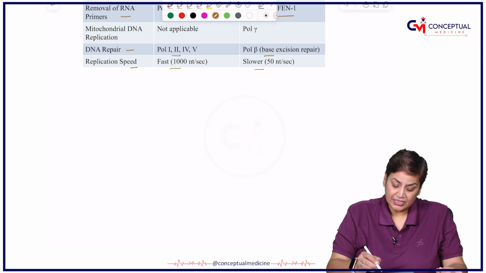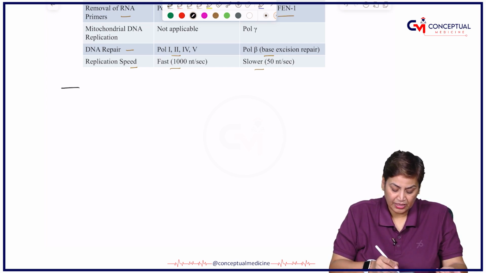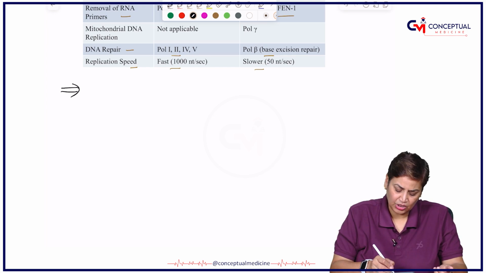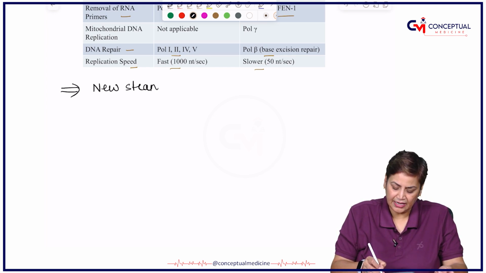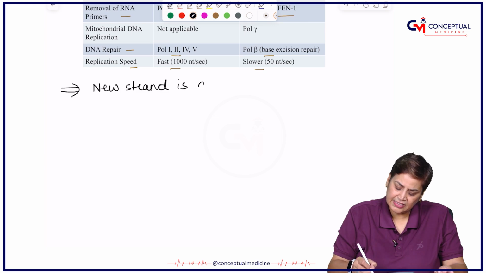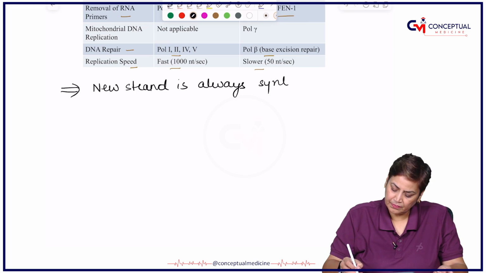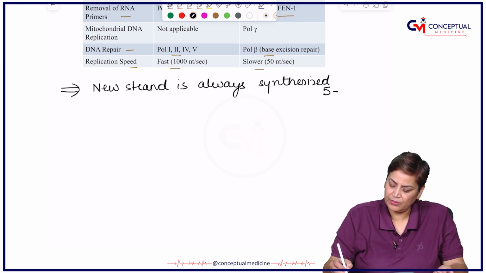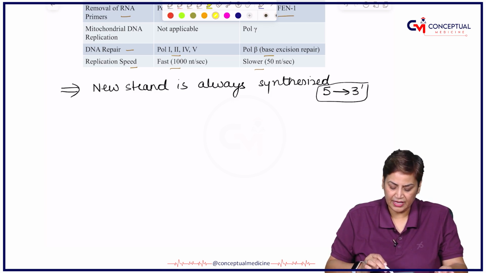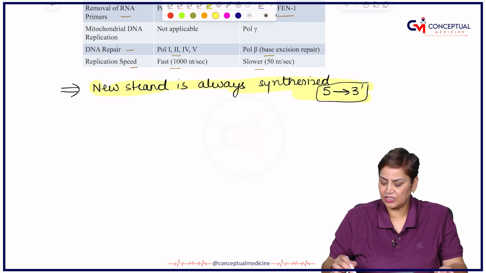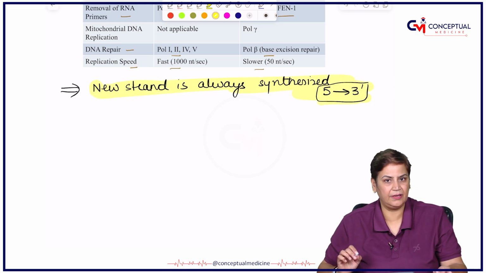Now once the replication fork is there, another very important point which you have to remember is new strand, whether it is DNA, whether it is RNA, is always synthesized in 5' to 3' direction. This is very important. New strand will always be synthesized in this direction, be it DNA, be it RNA.